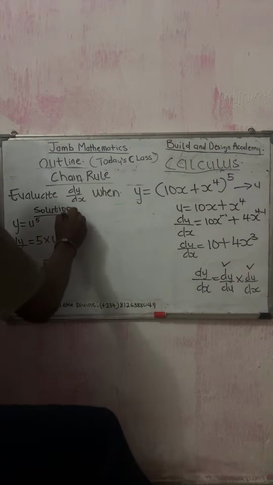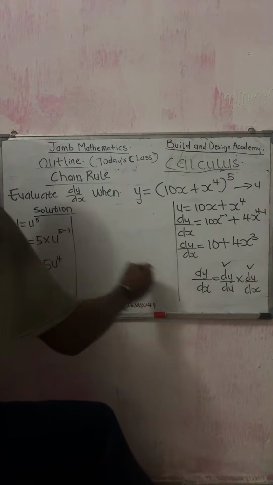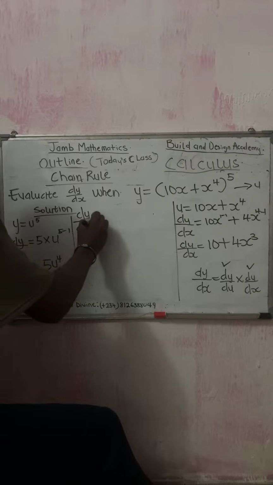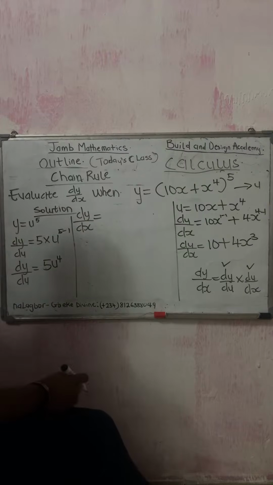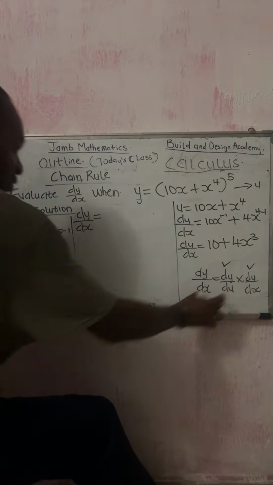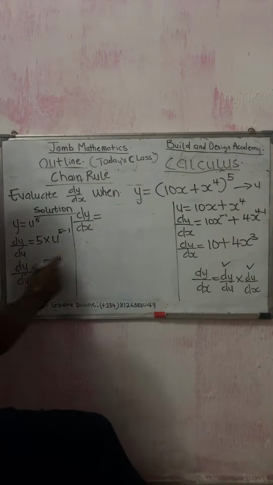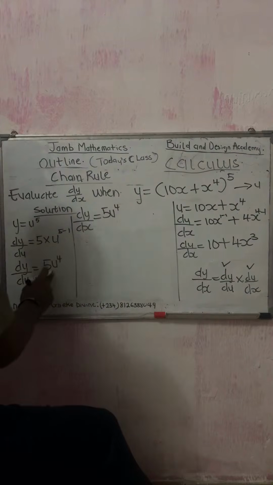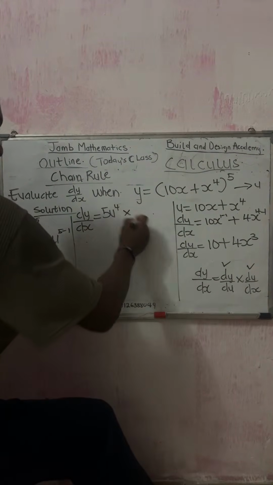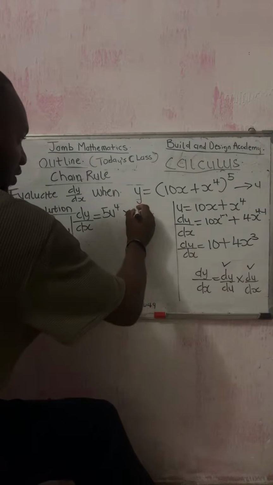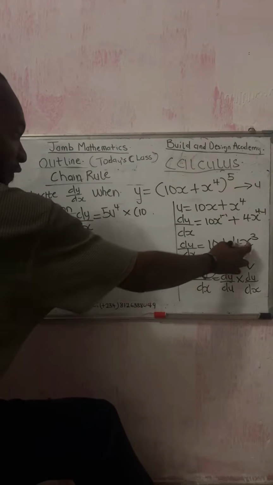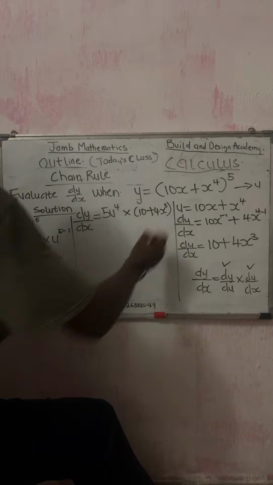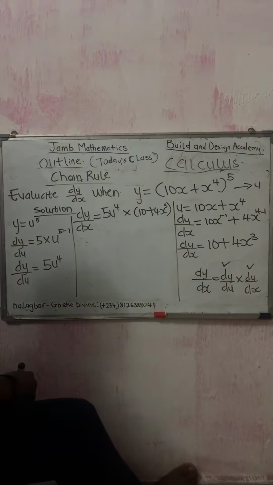So to do that, we have that dy over dx will be equal to dy over du, which is 5u raised to the power 4, times du over dx, which is 10 plus 4x raised to the power 3.